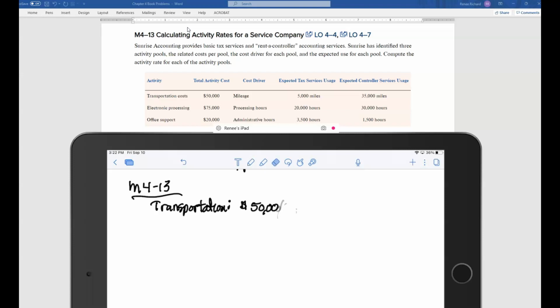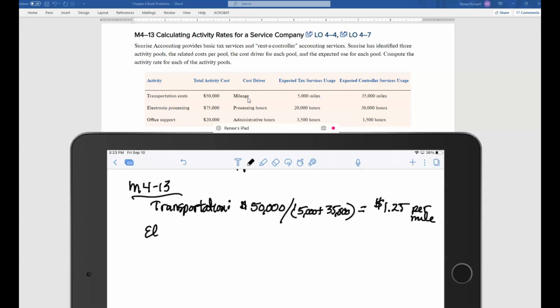Let me make this a little clearer. Divided by 5,000 plus 35,000. So the total usage. And that gives us $1.25 per mile, because the driver is mileage.